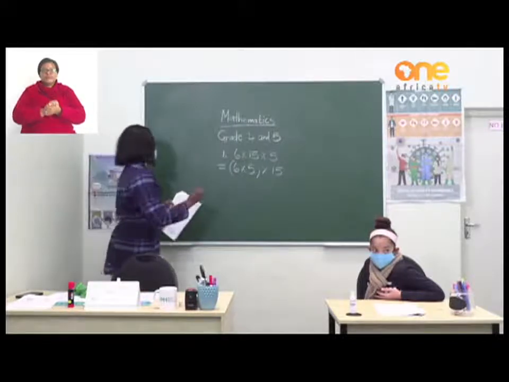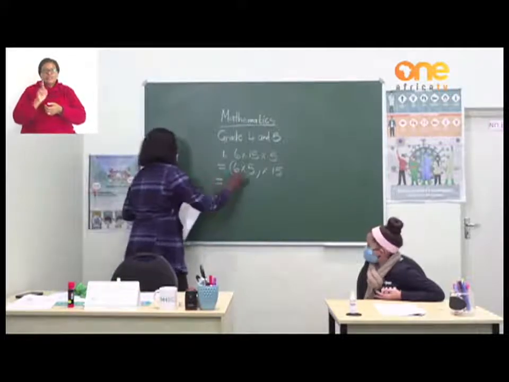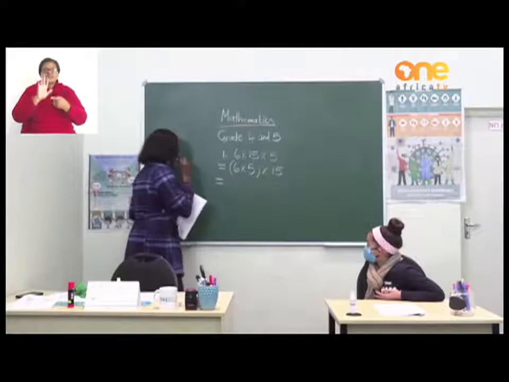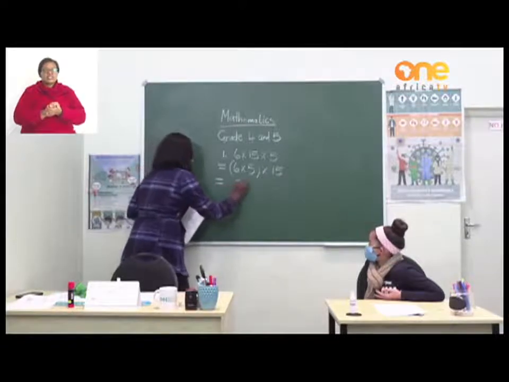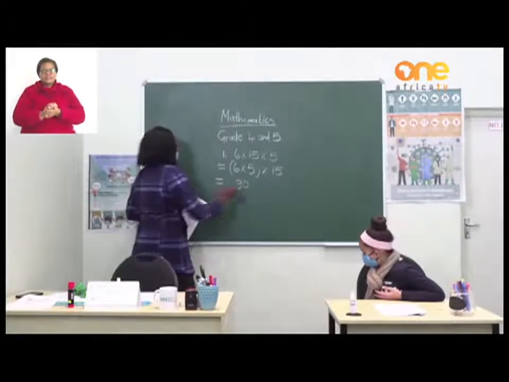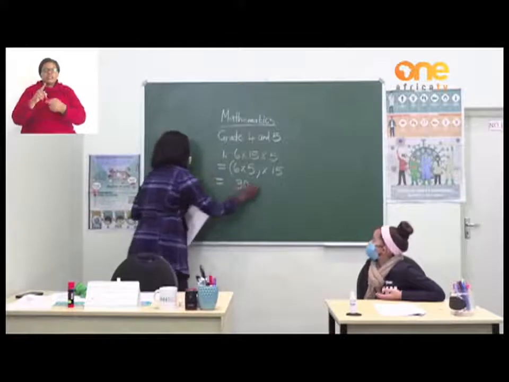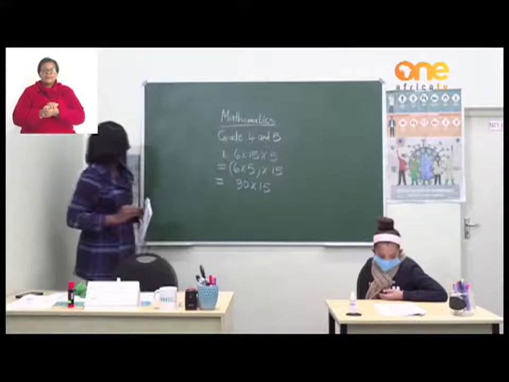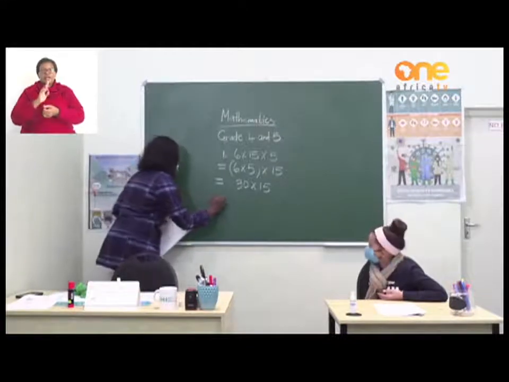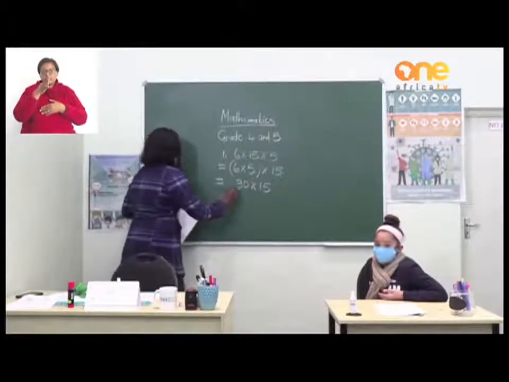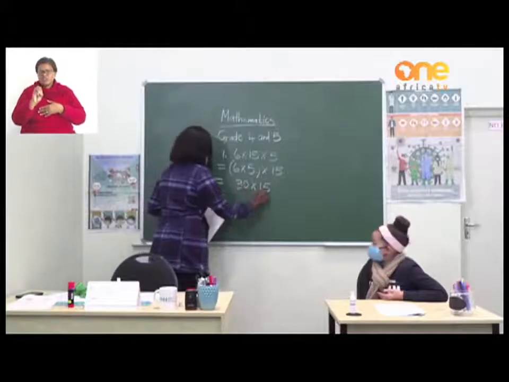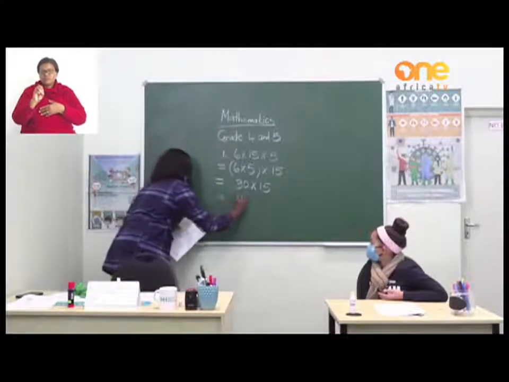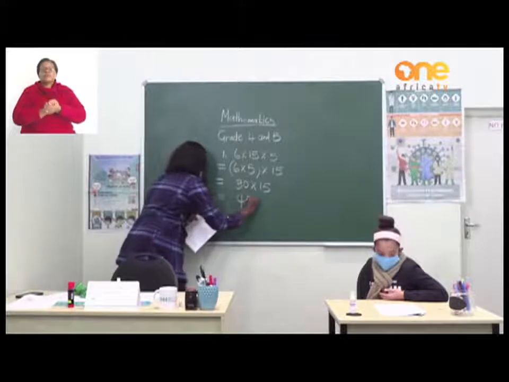Good. So, what is our answer? 6 times 5. Chanel, what do we get? 30. So, then, the 30 that we get, we still multiply it with 15. So that we can get the final product. So, when we multiply 30 times 15, we get 450.